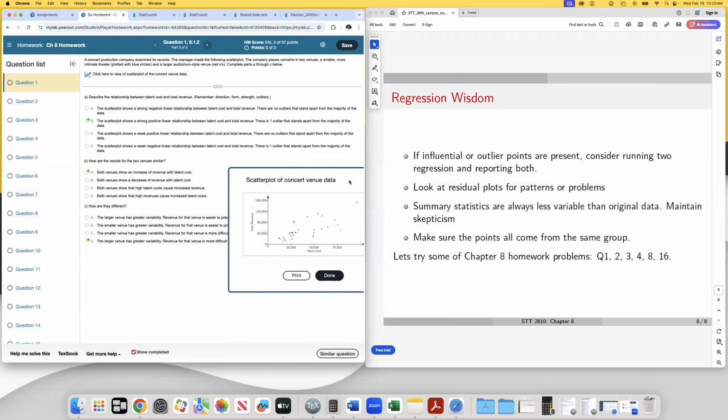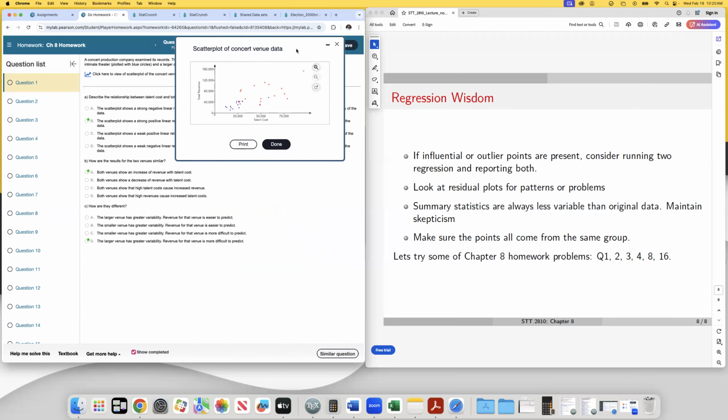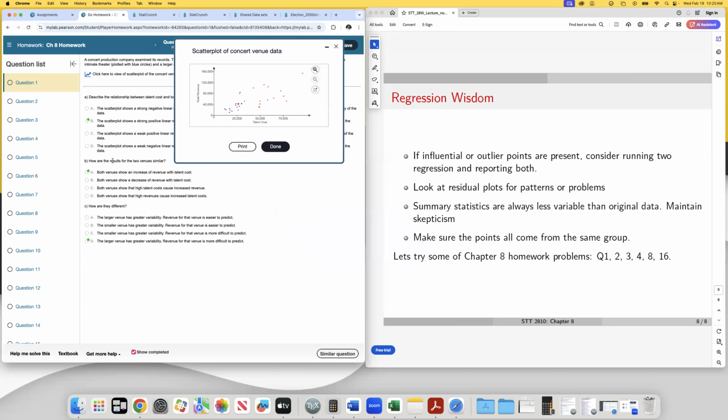Let's go and look at the other one. How are the results for the two venues similar? This is what the question is saying. So you have to be able to read the multiple choice you have here. We are told that there's an increase, decrease, and so when you look at this one here, what can you see?